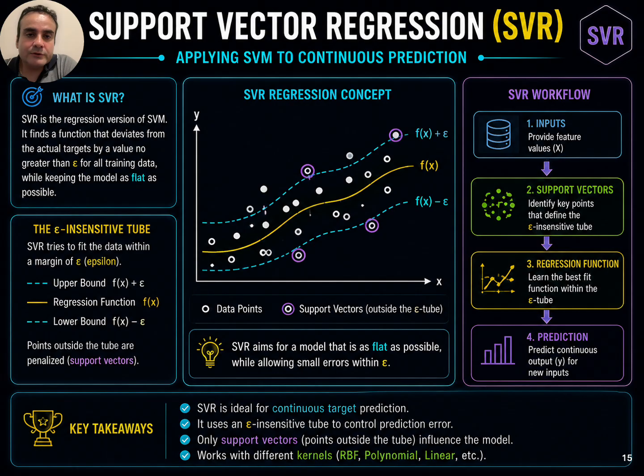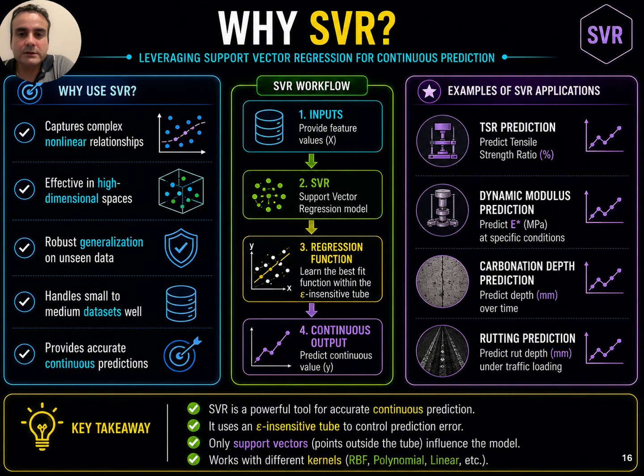SVR is commonly used to predict engineering properties such as dynamic modulus, tensile strength ratio, compressive strength, rut depths, carbonation depths, and so on. Many engineering problems require prediction of continuous variables rather than classification. SVR is particularly valuable because it can model complex nonlinear relationships while maintaining strong generalization performance.